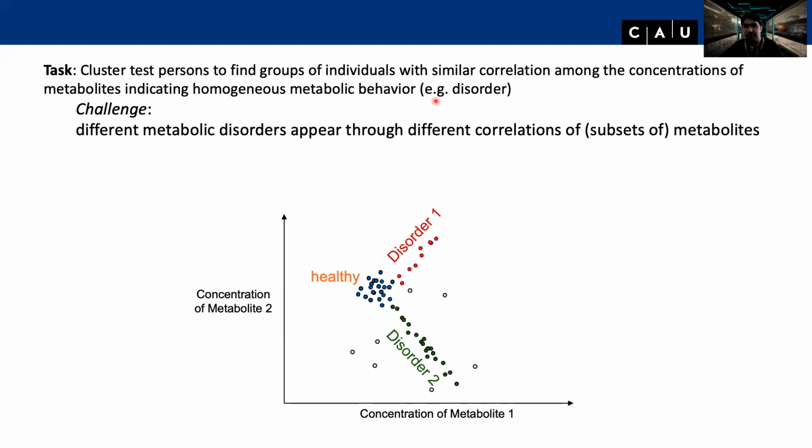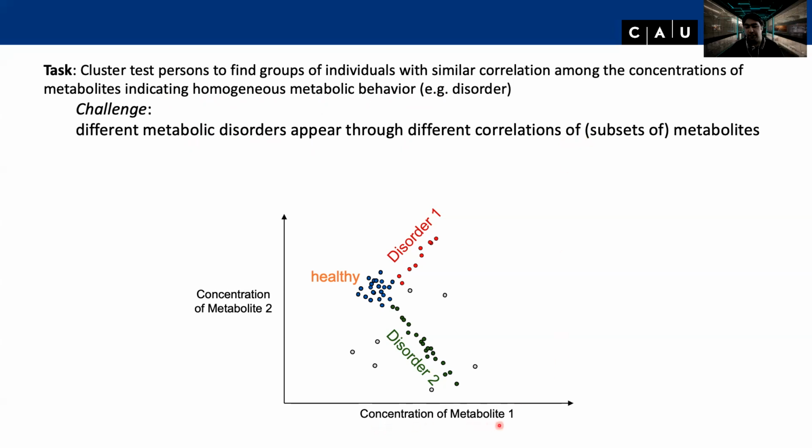So in other terms, we want to detect potential disorders, potential diseases. A challenge here is that different metabolic disorders appear through different correlations of subsets of metabolites.